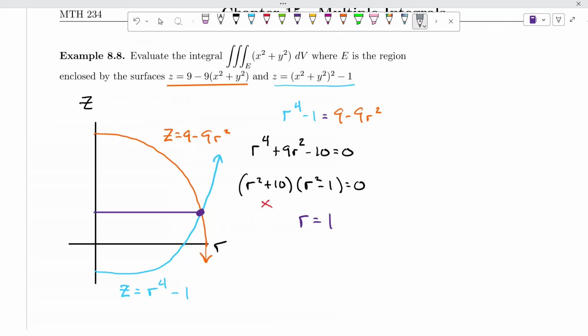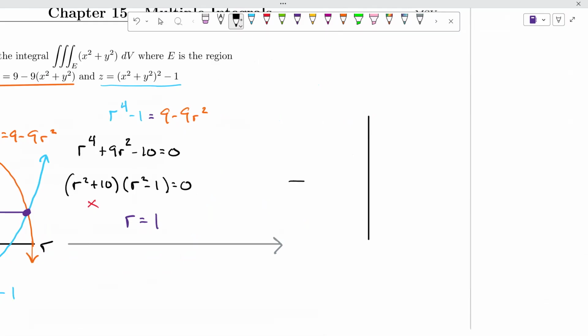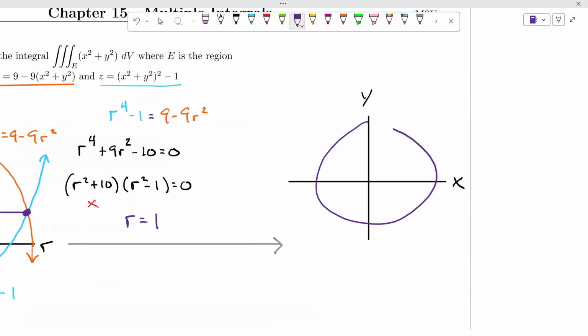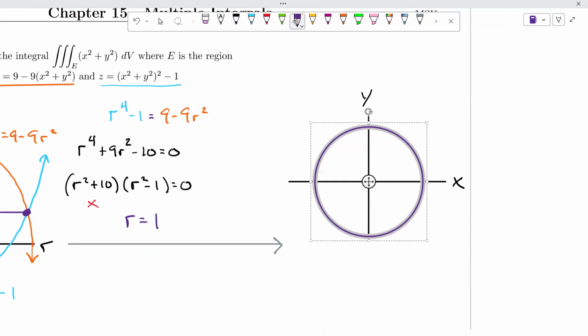So if I've got r equals 1, what did I really find here? Well, I think that means that my region of integration, if I just look at the xy plane, I'll convert this thing back to x and y. The region of integration is this circle. So this is the circle, r equals 1.